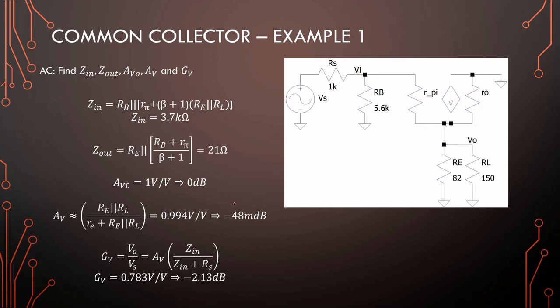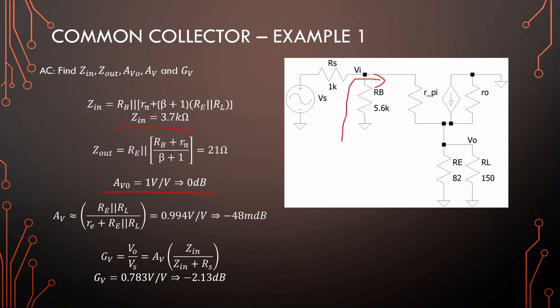Okay, so the input and output impedance. For the input impedance, we are going to include the effect of our load resistor. We already know that AV0 is 1 volt per volt or 0 decibels. So our input impedance gets calculated including our load resistor, since we will only be determining AV and GV. And first we can see that our input impedance is already a very low value.